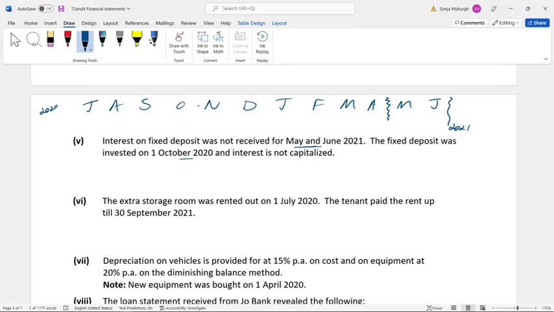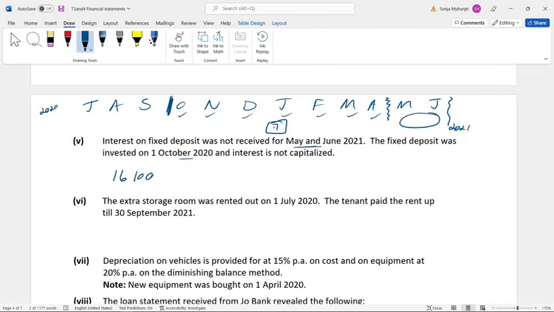And we've only invested that on the 1st of October. So we are supposed to receive interest for 9 months, but we haven't received that yet. So we've only received for 7 months. On the adjustment given, interest on investment, 16,100 is what was already received.